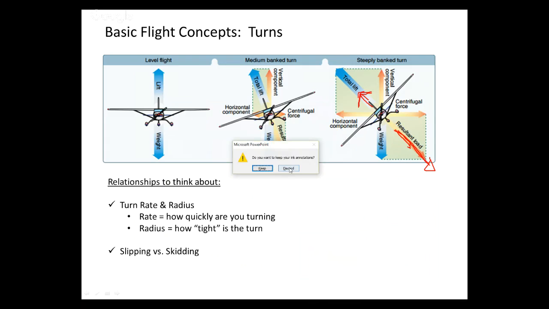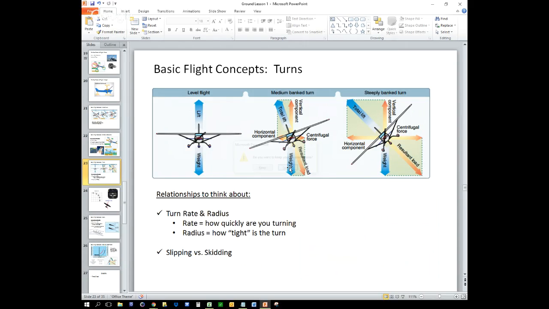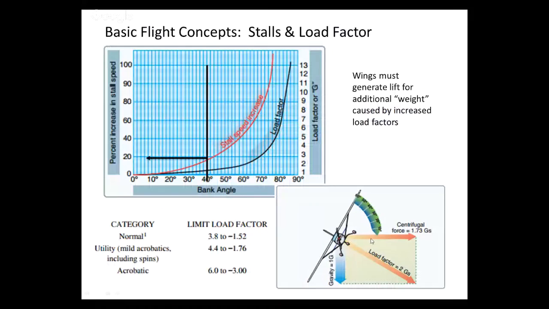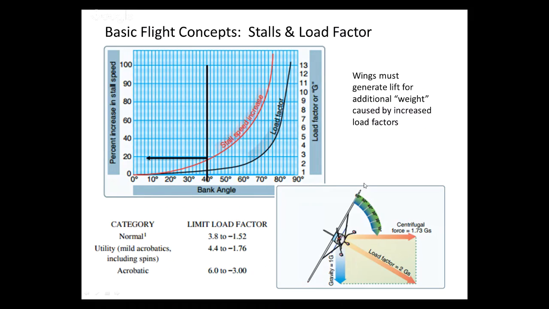Yep. So by the way, from a physics perspective, each bank angle has a specific load factor associated with it. I don't have the table up here, but oh yeah, I do. It's right here. So 60 degrees, which is this picture right here. This aircraft is turned at a 60-degree angle. That is a 2G load factor.